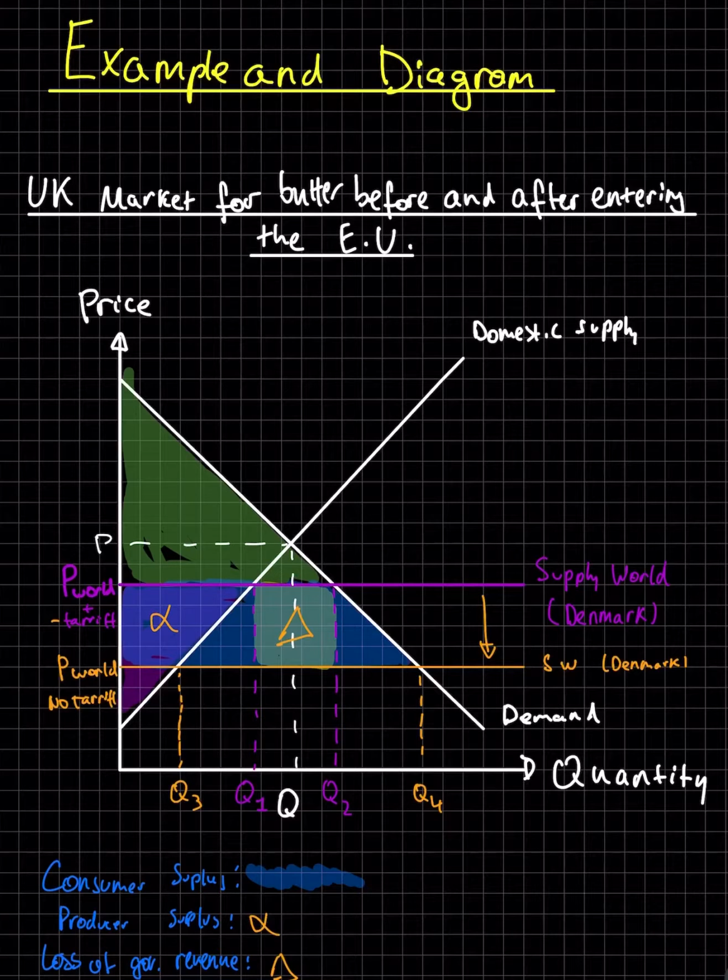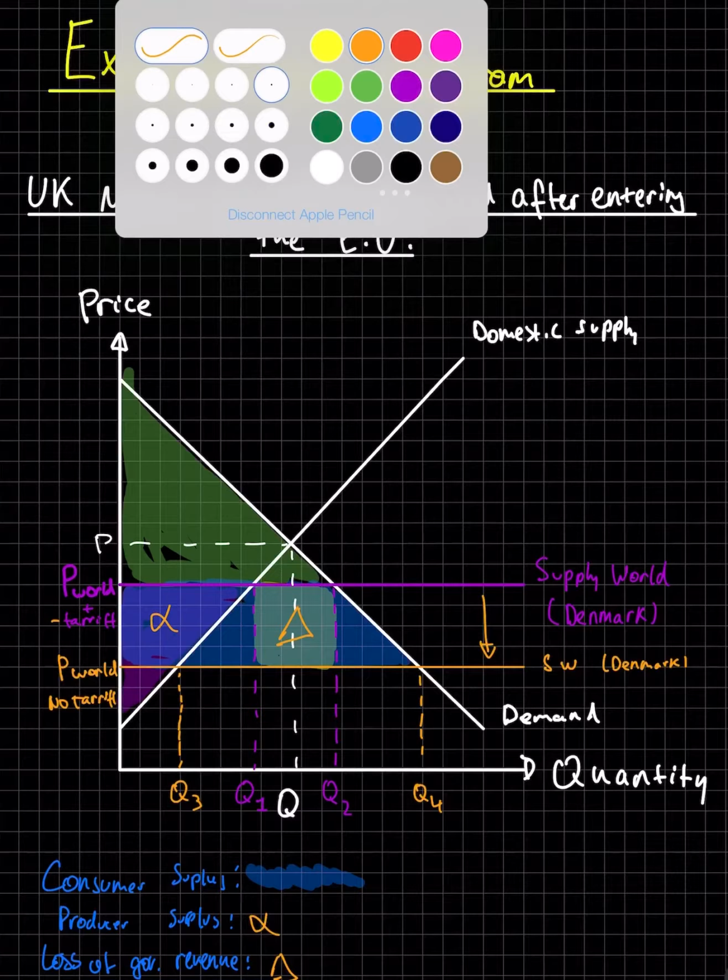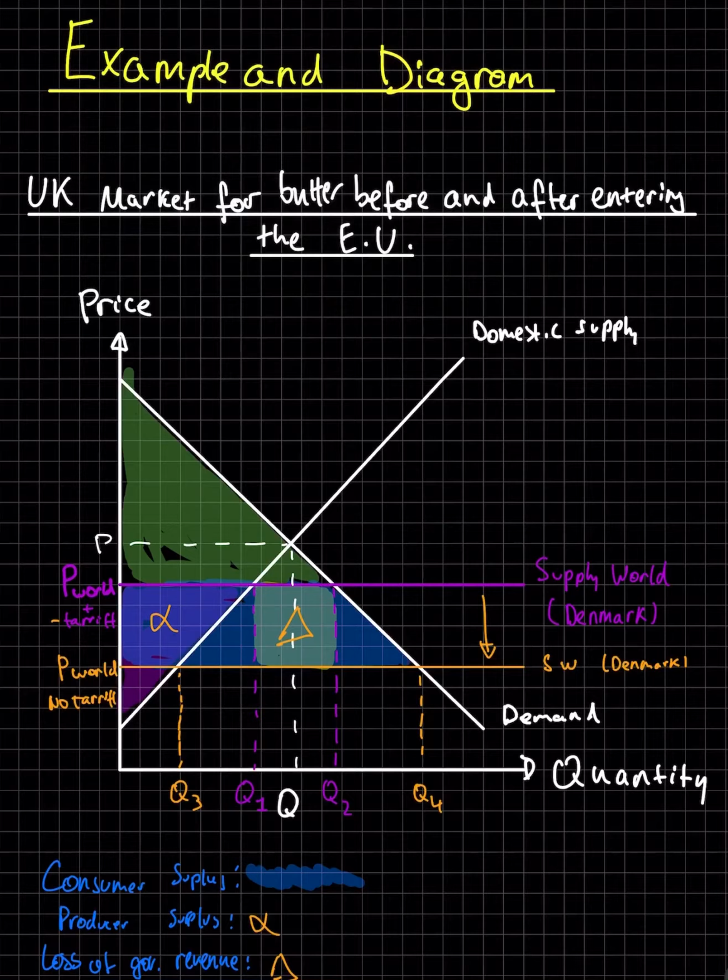What we see is that these two brand new areas we're going to call A and B are complete welfare gains. Nobody was using them. So A and B equals gain in welfare.